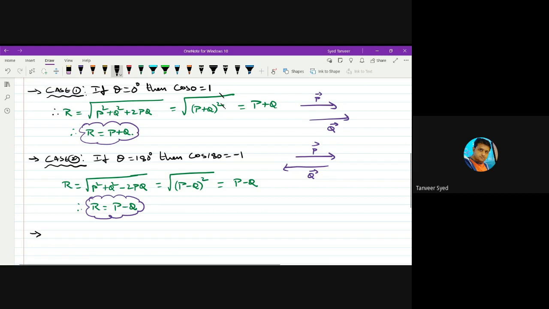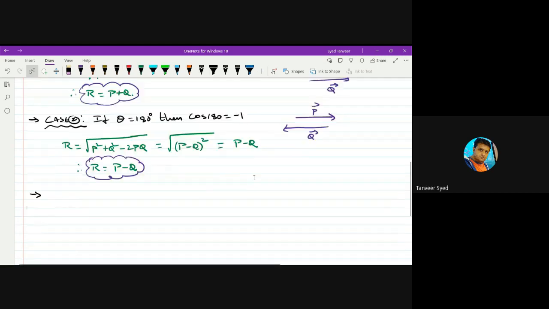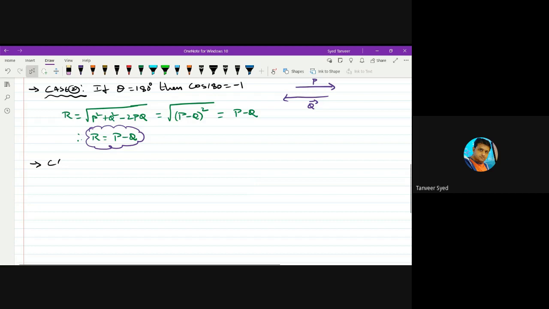Case 3. If theta is 90 degree, then cos 90 is 0. Theta 90 degree means the two vectors are perpendicular to each other. This is vector P, this is vector Q, perpendicular to each other.